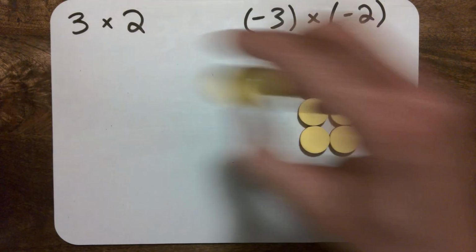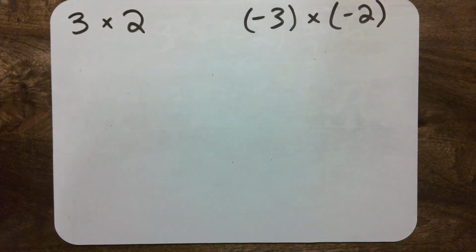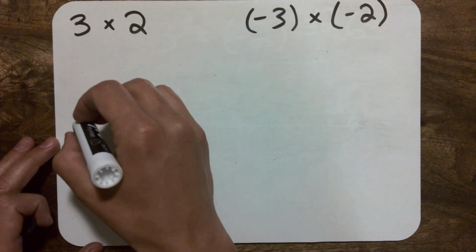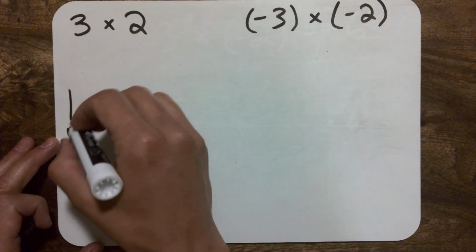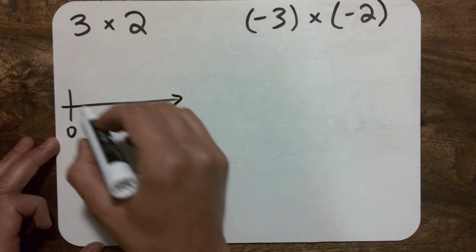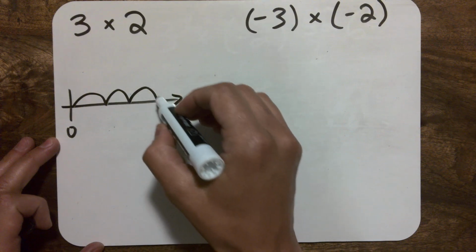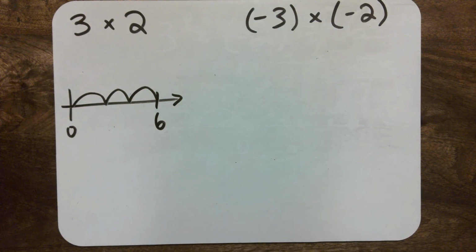Okay. Then we'll show a representational model. We'll just do number lines for those. So for 3 times 2, it's just going to be three groups of +2 to get to 6.